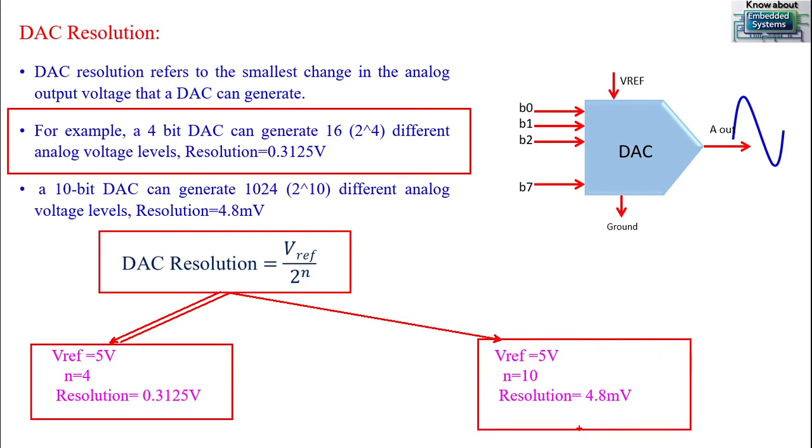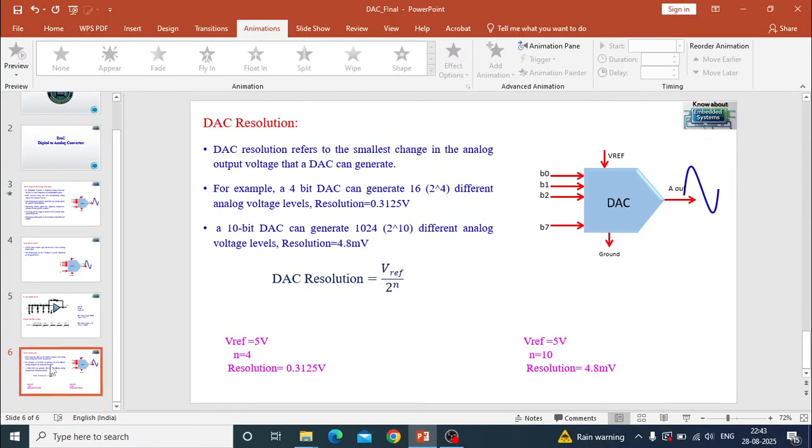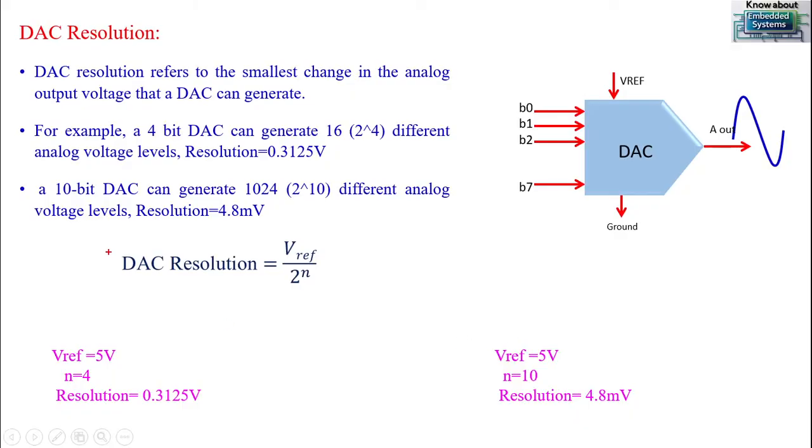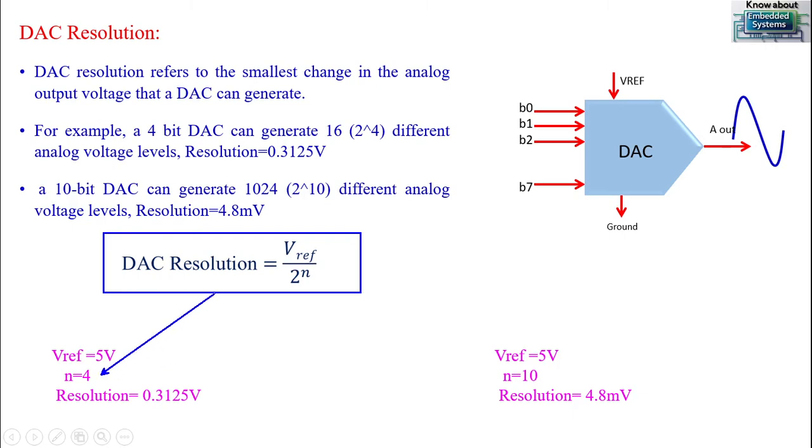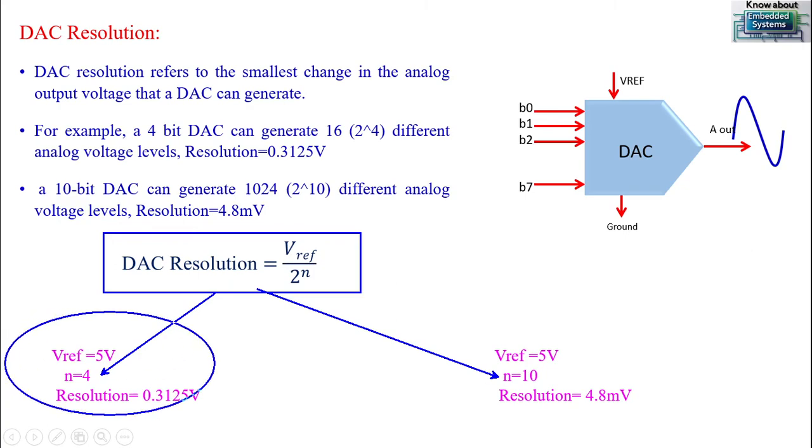Let us see the differences here. When you keep n equal to 4, so this is my DAC, and this is for n equal to 4, and this is for n equal to 10. So when you go for n equal to 4, let us see the output voltage, what you will get.